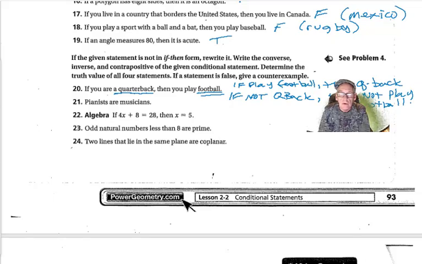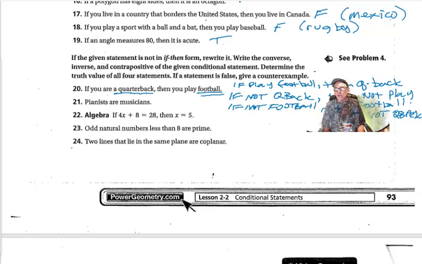So if you do not play football, you are not a quarterback. This one's going to be true, because if you don't play football, then you're not going to be a quarterback. These other ones I think are false.